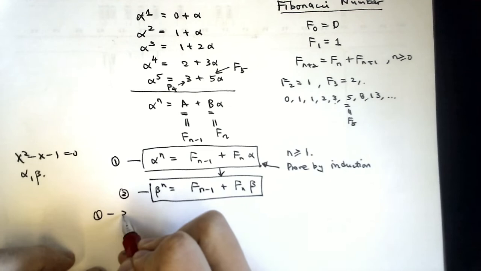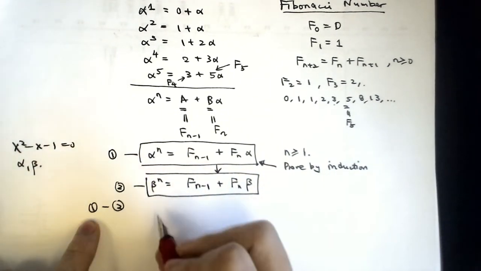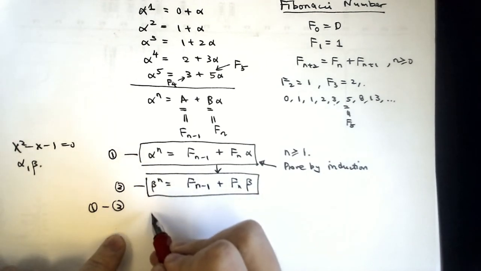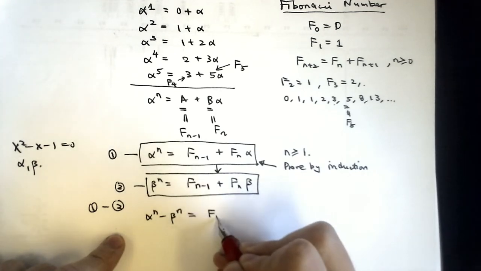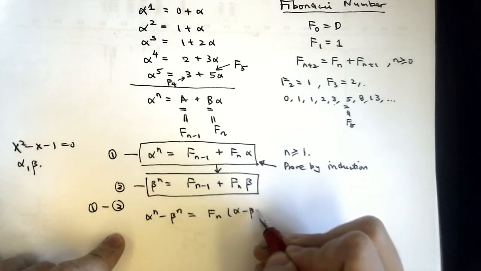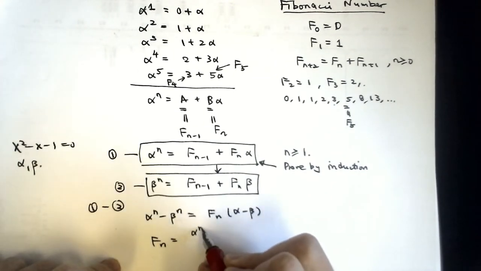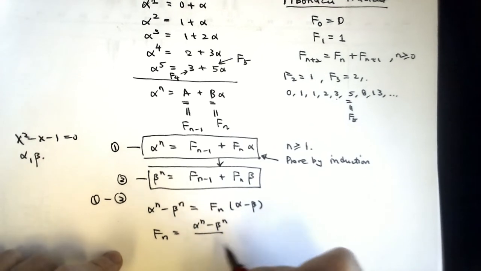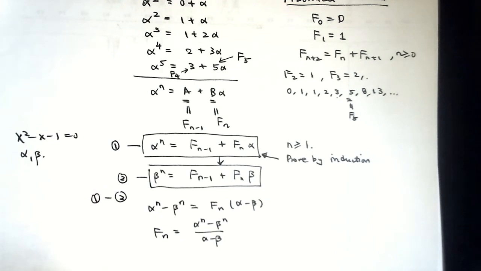If we subtract 2 from 1, we get alpha to the n minus beta to the n equals fn. So we got an explicit expression for the Fibonacci number. That is, fn is equal to alpha to the power of n minus beta to the n, over alpha minus beta.